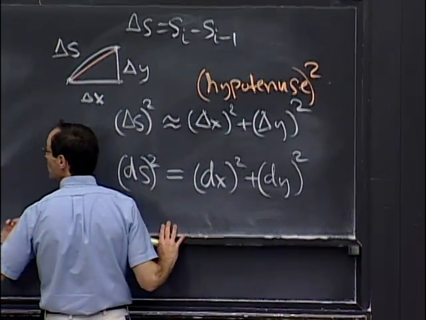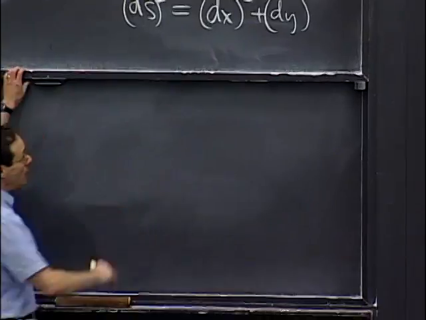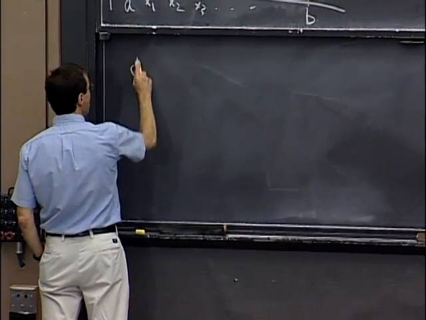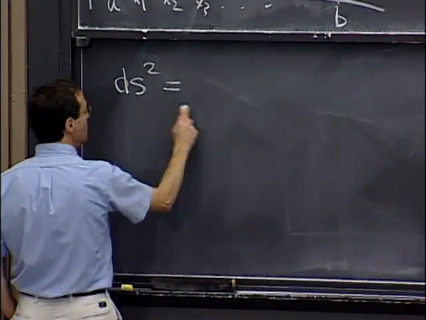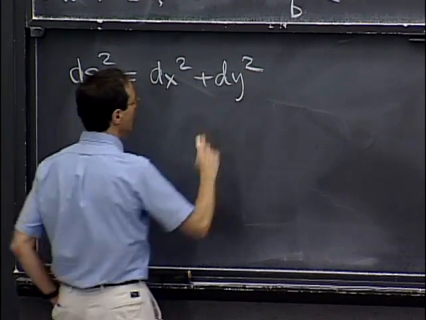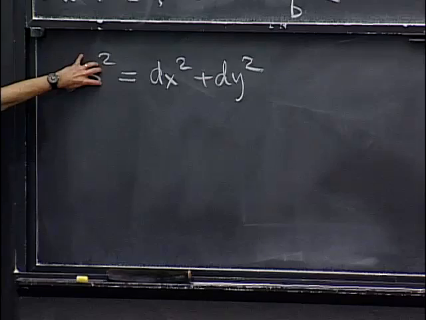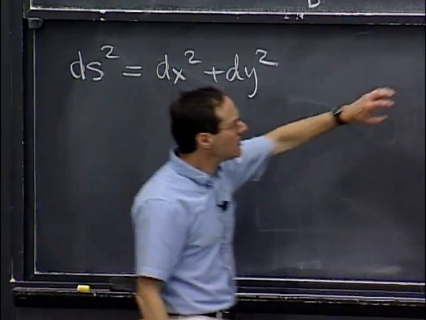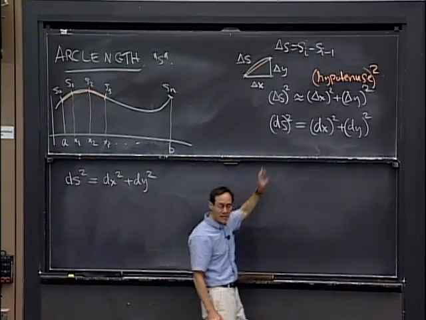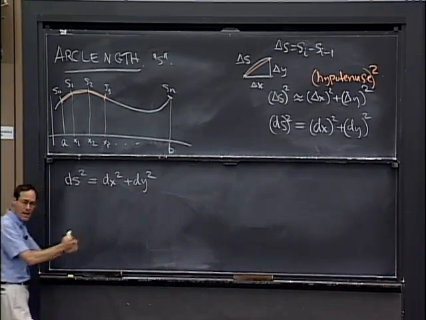I'm going to rewrite that formula on the next board, but I'm going to write it in the more customary fashion. We've done this before a certain amount, but I just want to emphasize it here because this handwriting is a little bit peculiar. This ds is really all one thing. What I really mean is to put the parentheses around it. It's not d times s. It's ds. It's one thing.